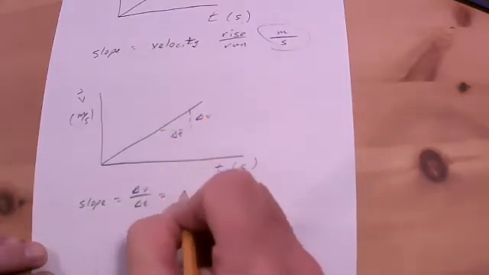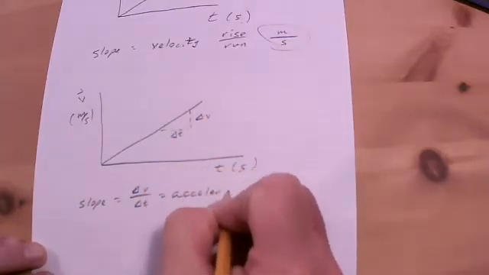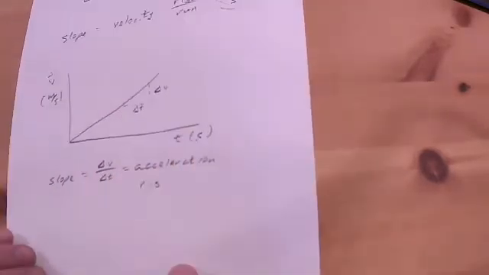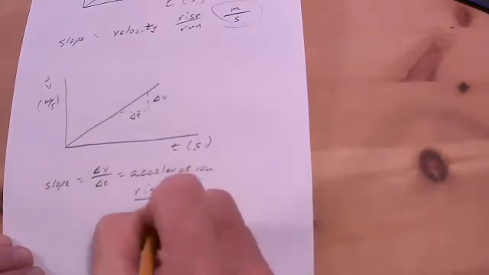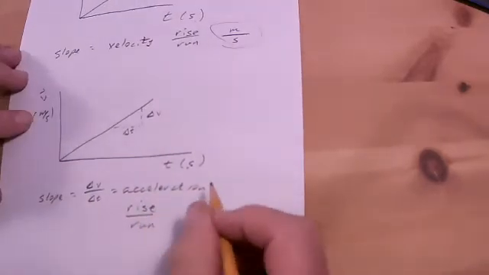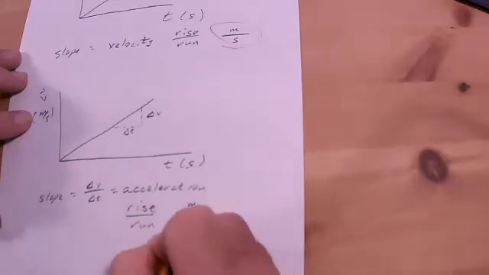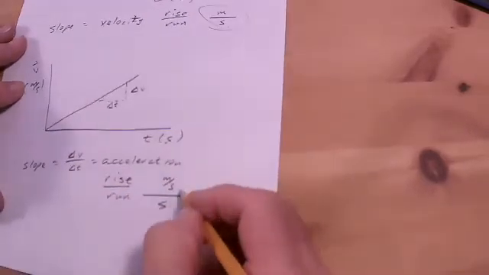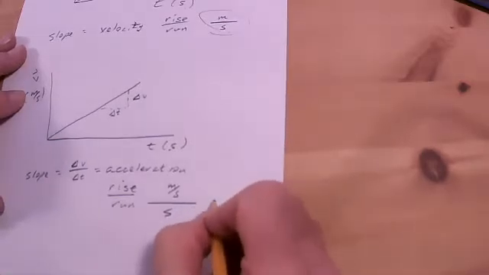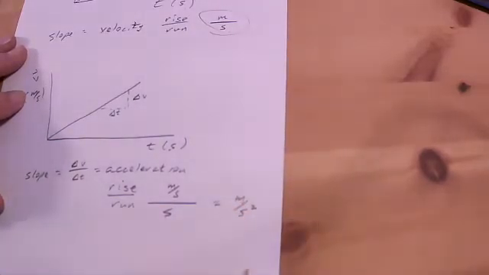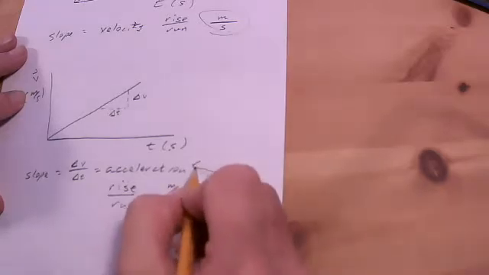But we know that's acceleration. Note once again, rise over run, let's just think about the units. The rise is measured in meters per second. The run is measured in seconds. And then meters per second over seconds is meters per second squared, which is once again a unit of acceleration.